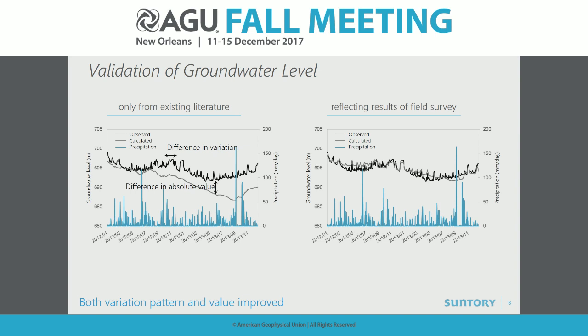There are differences between them in time variation and in the observed value of groundwater. But after reflecting the results of the field survey, it got better, we think. Both the variation pattern and the absolute value improved.